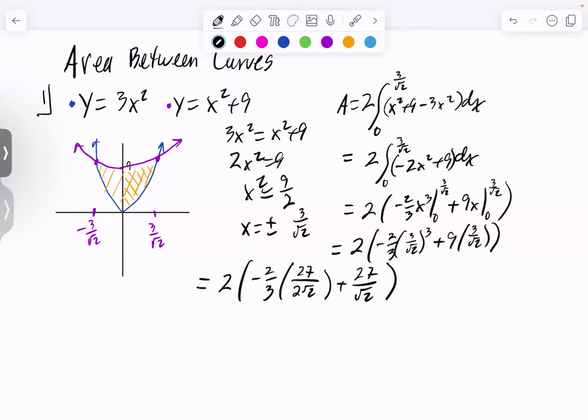I'm going to notice that I can do some reducing. This is going to give me negative 9 over root 2 plus 27 over root 2.